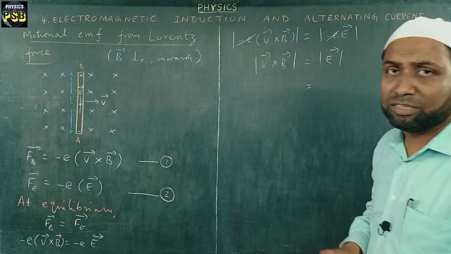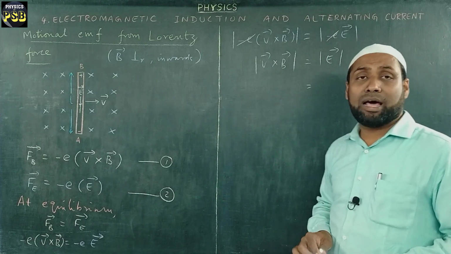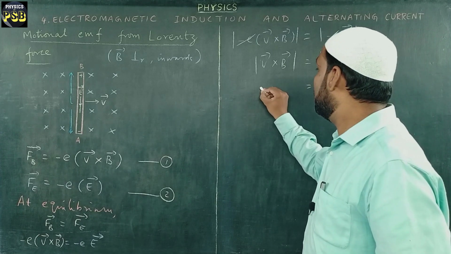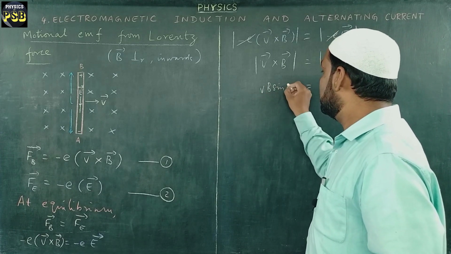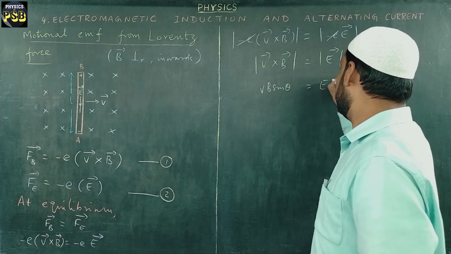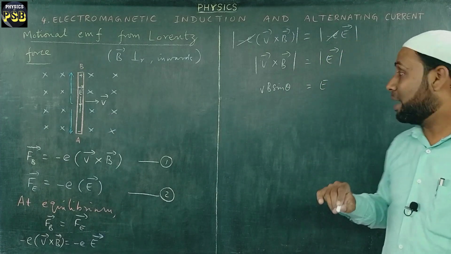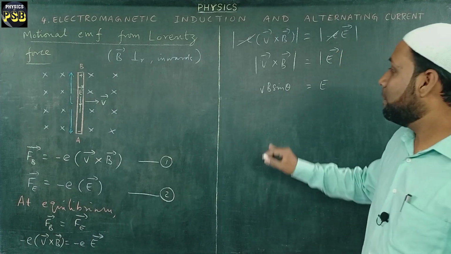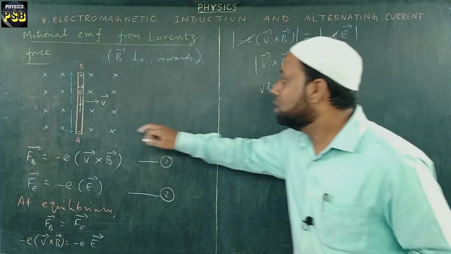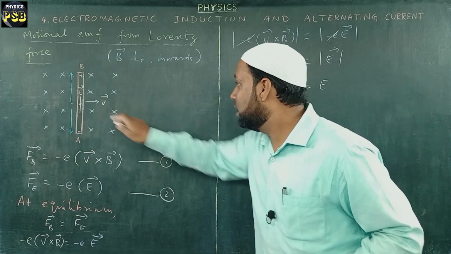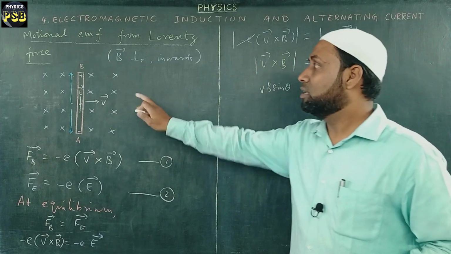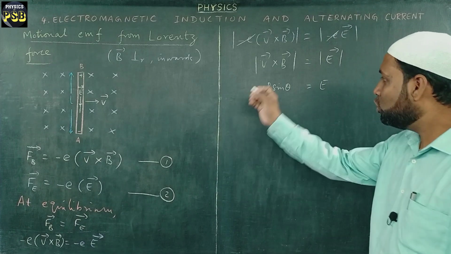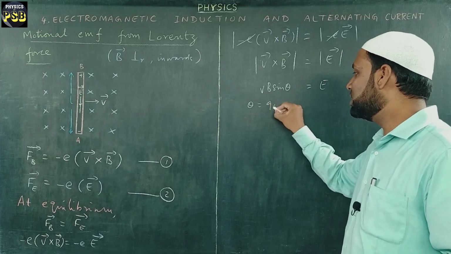Now, we know when two vectors are in a cross product, the magnitude can be written as V B sin theta, and this is equal to E. I have taken only the magnitude. Clear? And here theta is the angle between the velocity and the magnetic field, and it is found to be equal to 90 degrees.